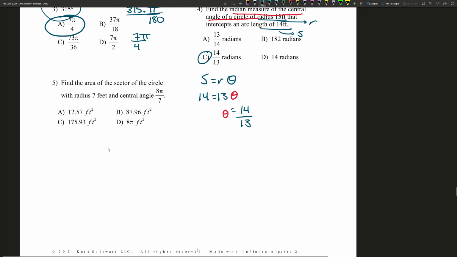The equation, though, for the area of a sector of a circle, A is equal to 1/2 R squared theta. So if we plug all of that in, we need to find the area. So we need A. We have a radius of 7 feet, and we have an angle of 8 pi over 7. Right, so A will equal 1/2 times 7 squared times 8 pi over 7.